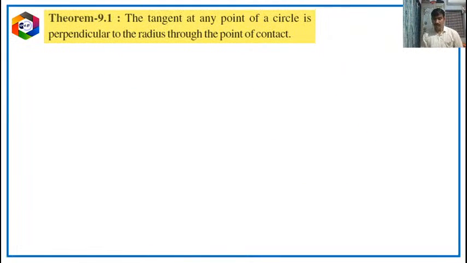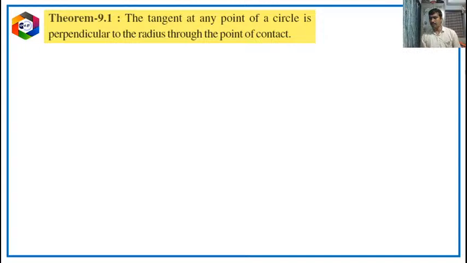Now the first theorem relating to the circle, children. Please observe and listen carefully. This you will get as a 2 marks question in the examination, and this idea is also very important, particularly for the whole circles concept.